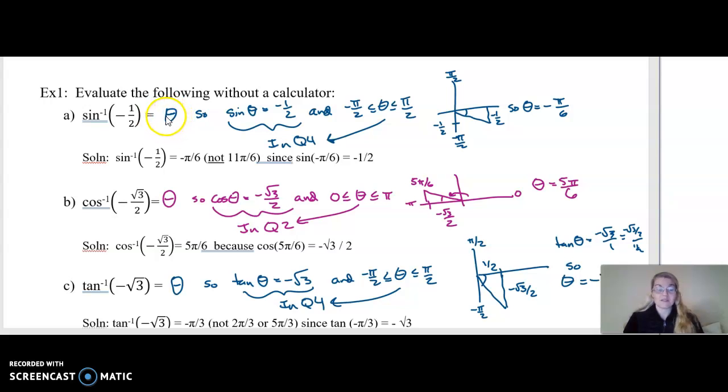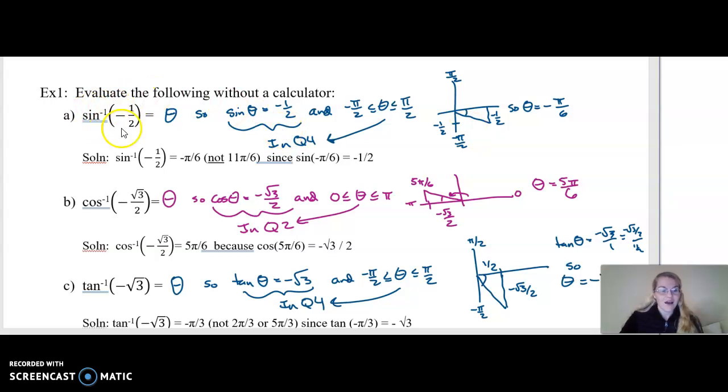So what does that mean? That means first that sine of theta is -1/2. Well, right away you should be thinking, oh, I think I know what theta is. Sine is negative in quad 3 or quad 4.